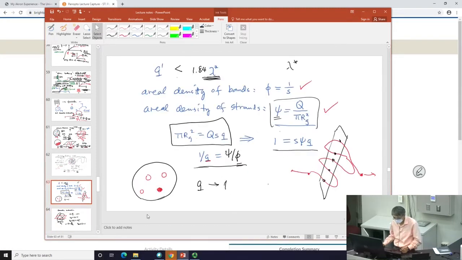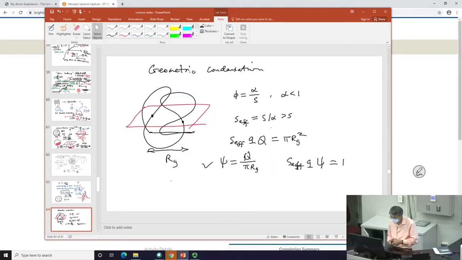So I just want to repeat this part: the number of strands, the number of chains coming through the surface per unit area.